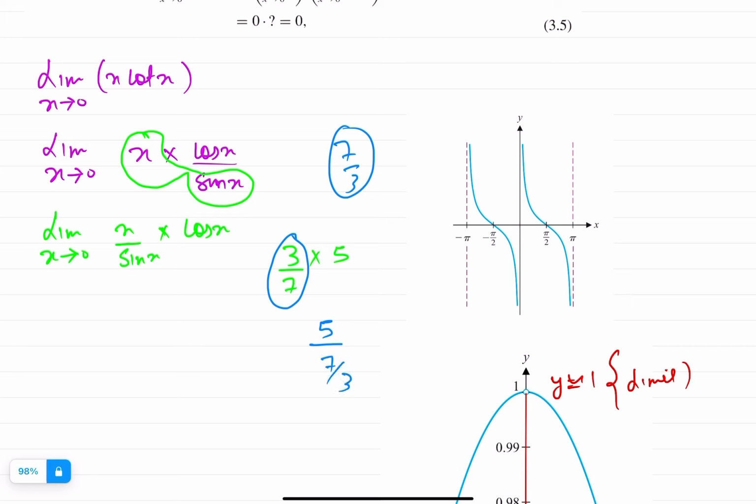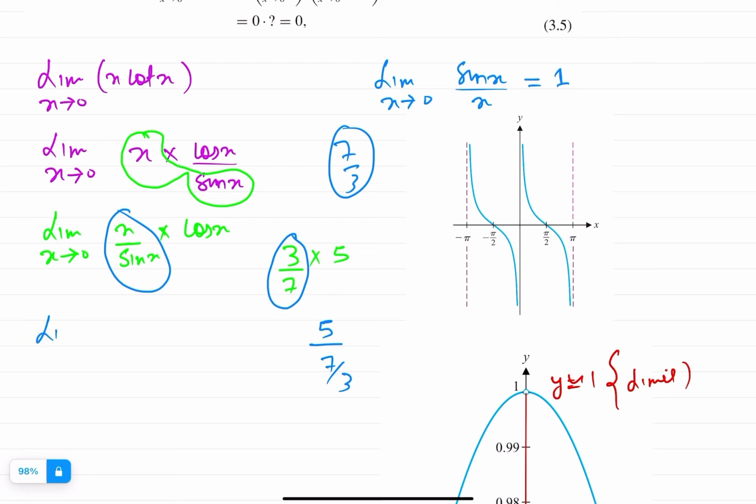This is what we want to do with x divided by sin x, because we know we can find the limit as x approaches 0 of sin x divided by x. We solved it in the previous video that the limit for this function is equal to 1. So this is the reason we want to get it in the form of sin x divided by x.